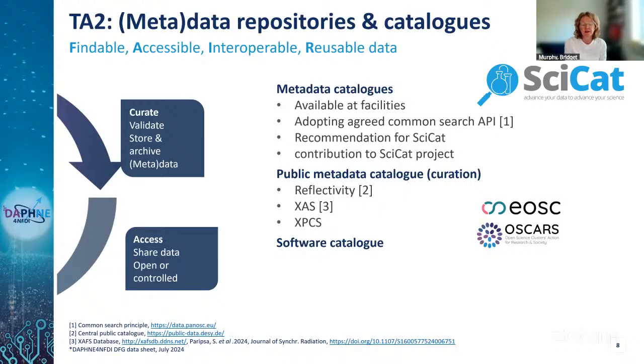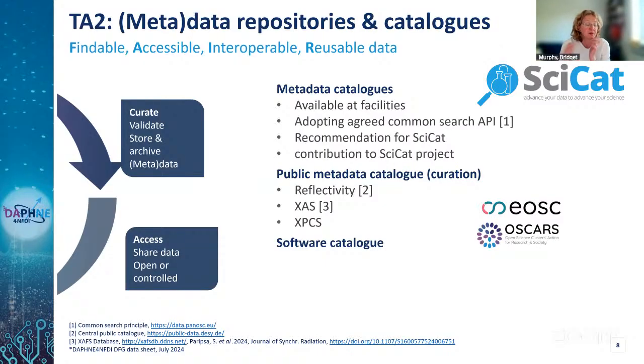The EXAFS catalog database, which you can see is on exafsdb.ddns, and an XPCS catalog, which will appear in the next week or 2. At the moment it's available inside DAPHNE, but it will also be available externally. Also, we contribute to the European Open Science Cloud here with catalogs, and also to the OSCARS project.